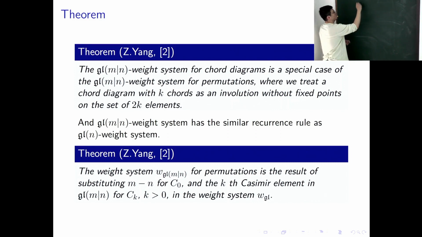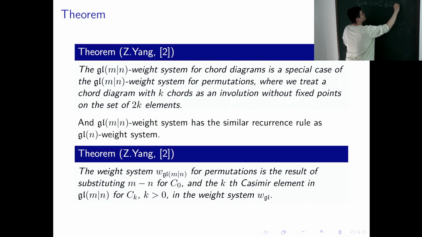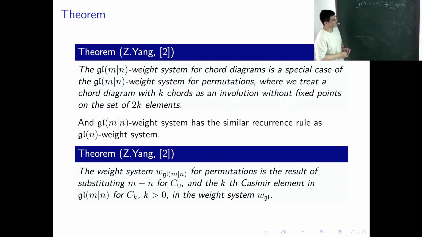You may be interested, for example, in G one two, the summation of GL, which means we take a mean value or average value of this wave system of sigma, where sigma is a permutation of m elements.